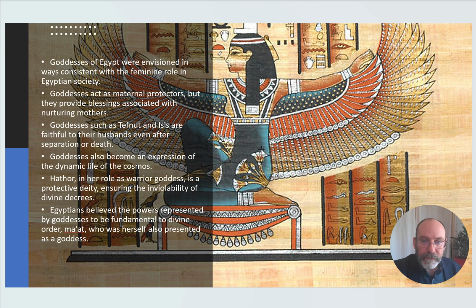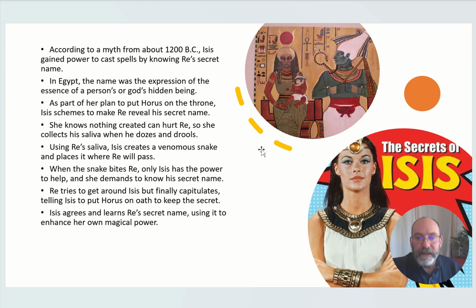But it's interesting, and I got interested in studying mystery religions because I wanted to understand the book of Revelation better. And these mystery religions, once you get into the Greek and Roman periods, become very popular.